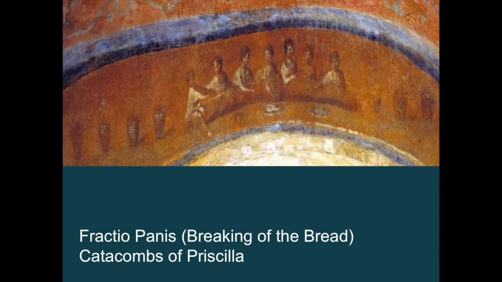That has been called into question much more lately because there were so many funerary meals, and there's really no way of differentiating. You can make a case that it was, because lots of times the funerary meals are a little more lively, shall we say, people getting drunk. And these tend to be a little bit more subdued, but you really can only tell so much from the picture.